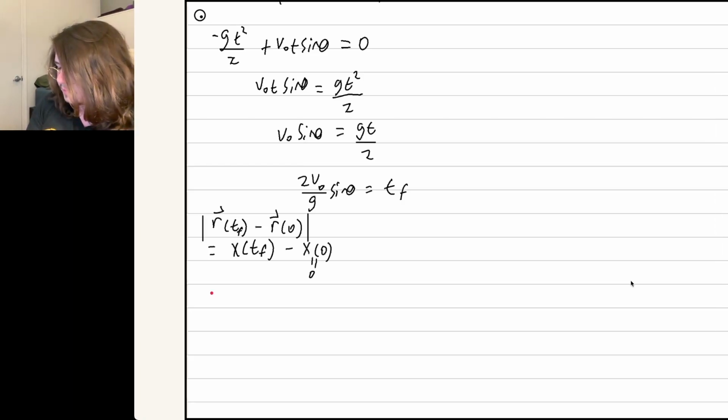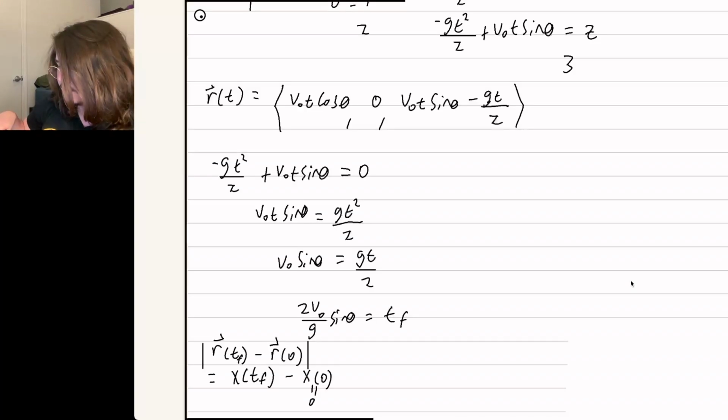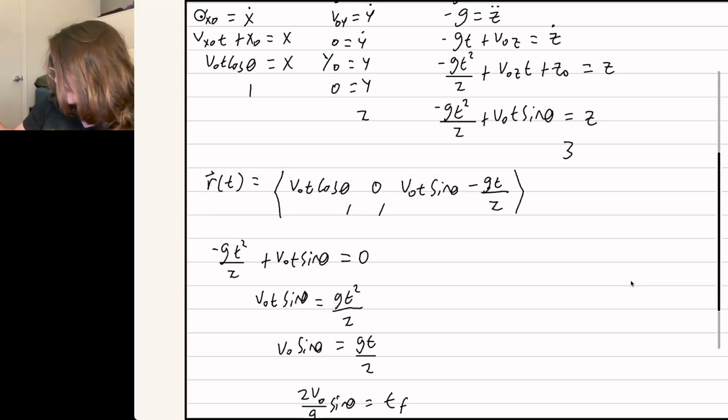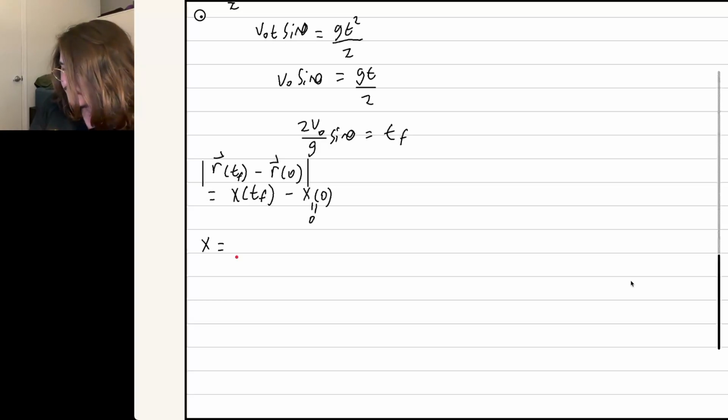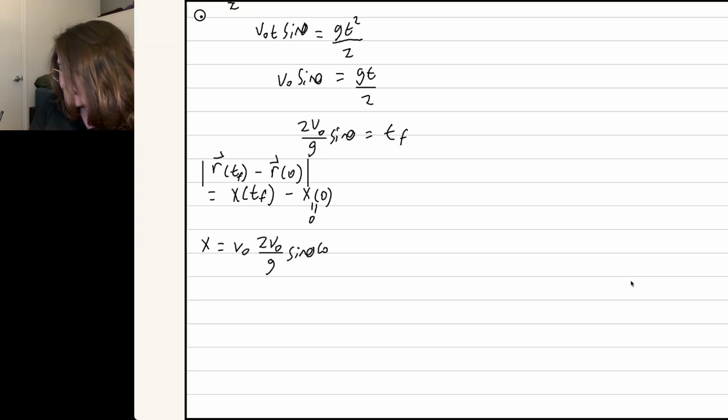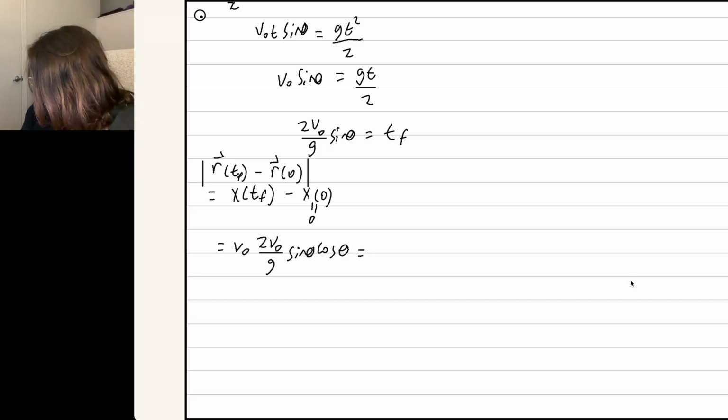So really we just need to plug in the time that we got into the x equation of motion, which was v naught t cosine theta. So v naught times 2 v naught over g sine theta cosine theta is the displacement.